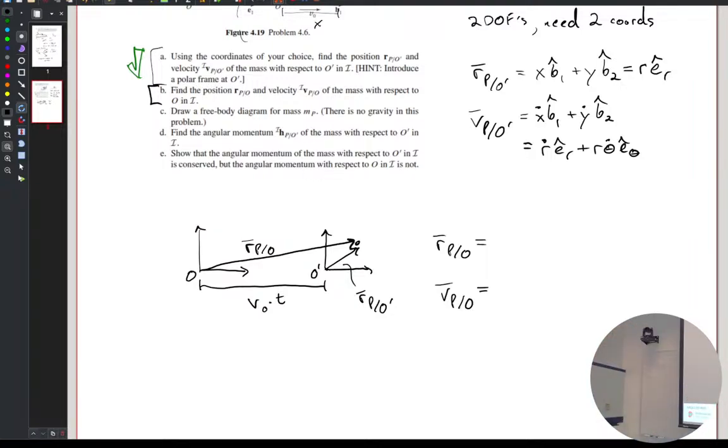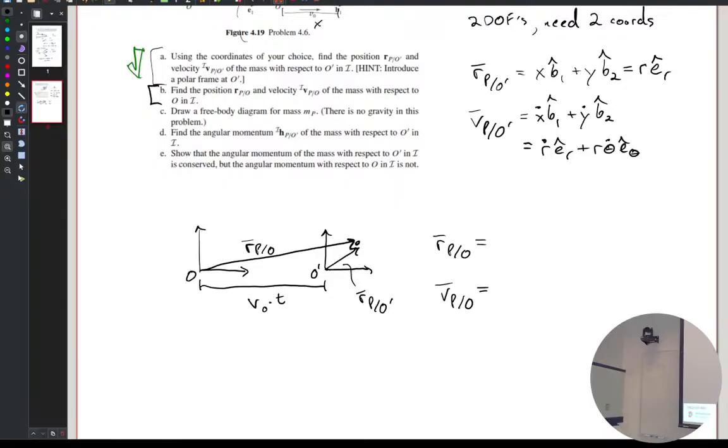Y is the same. Well, we're working in polar coordinates, right? So it's just that r, I'll get a new theta or create a new radial. r_P/O, that means where is it?